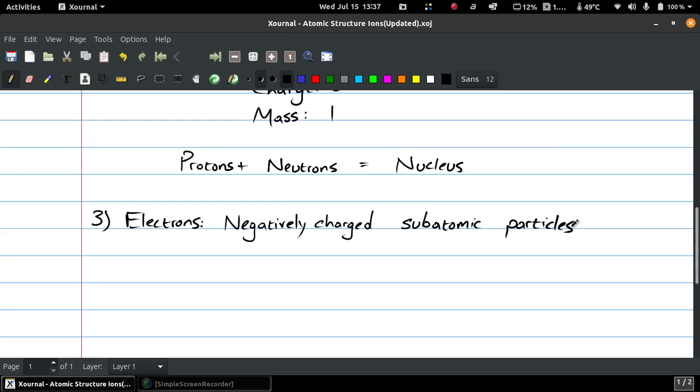Okay, so these are represented with e to the negative, and in a neutral atom, so neutral atom, neutral element, the number of protons equals the number of electrons.